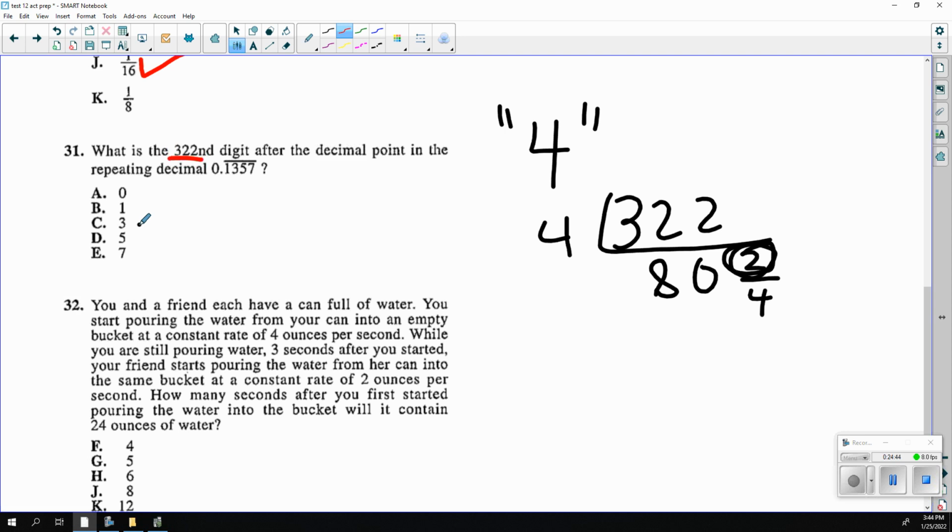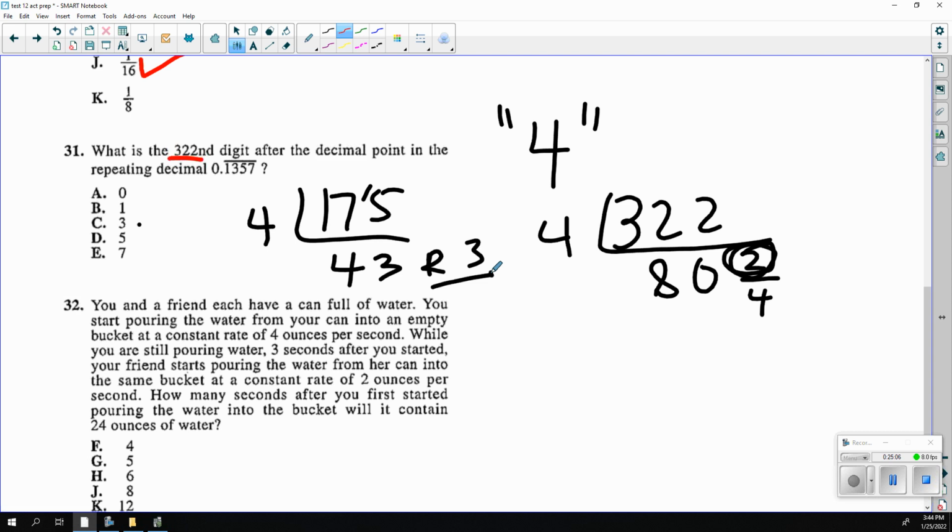It's whatever the remainder is. The remainder is always the answer. So let's just say it was the 175th digit. I would divide by 4 and get 43 with a remainder of 3, or 3/4, so it would be the third digit.